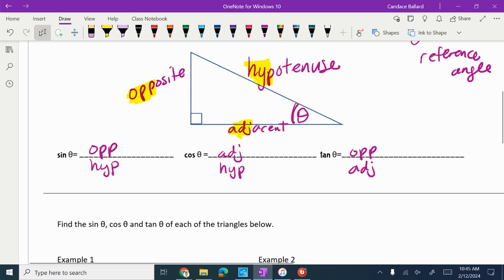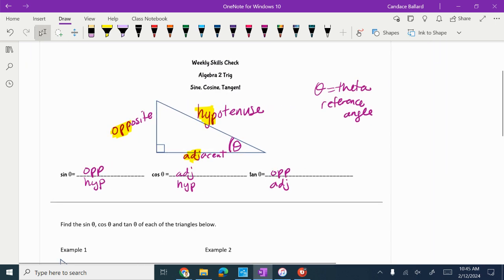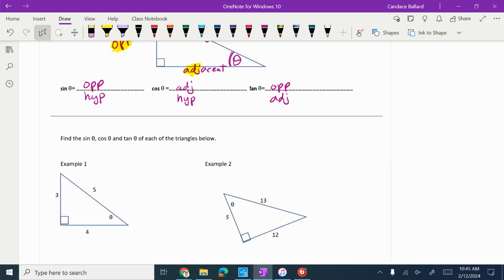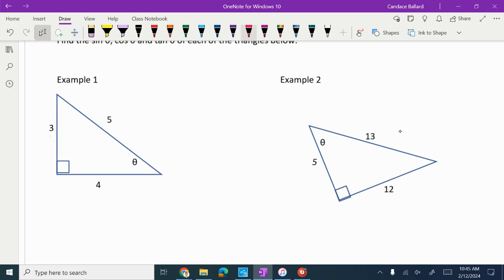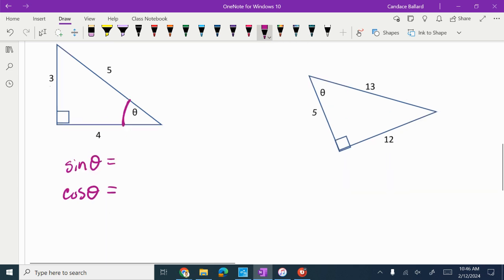For the skills check this week, all it wants us to do is find the sine, cosine, and the tangent. They give us the three sides. We have to figure it out based on the reference angle. So here's my reference angle. I'm going to start finding the sine of theta, the cosine of theta, and the tangent of theta.